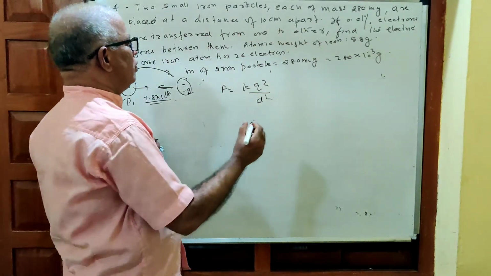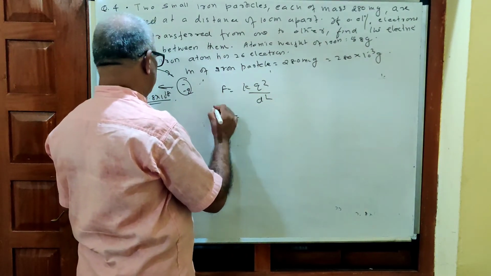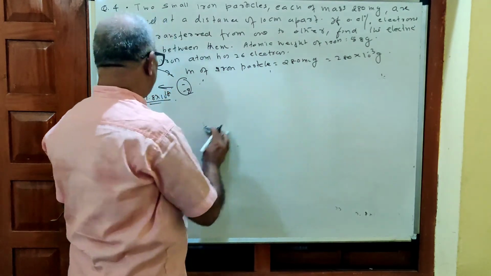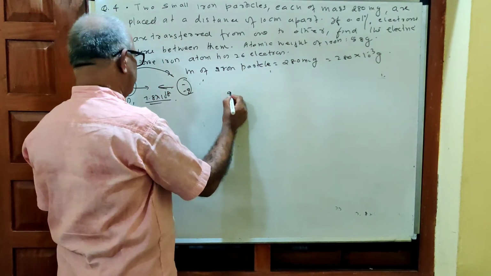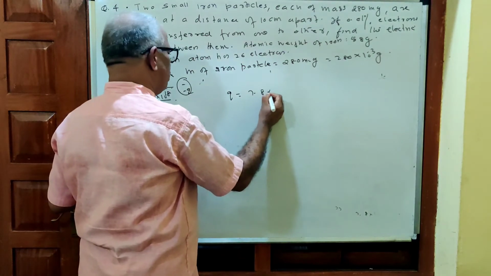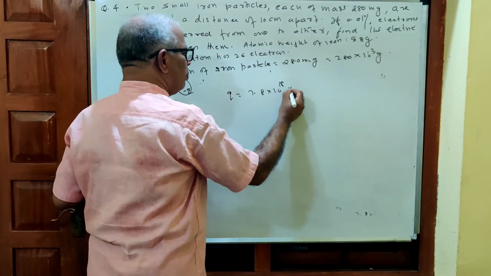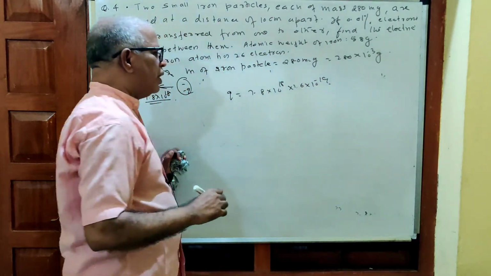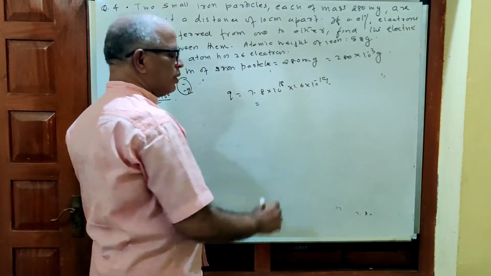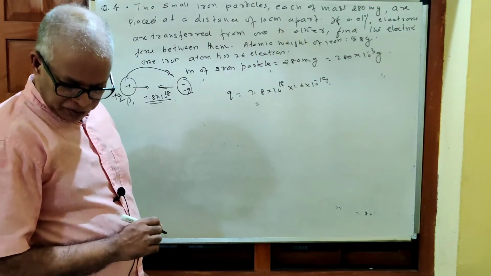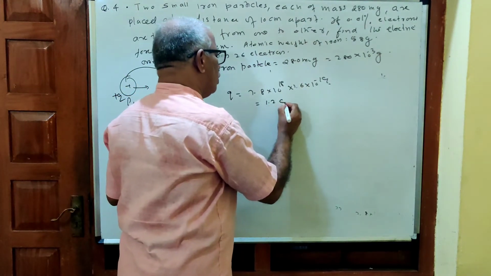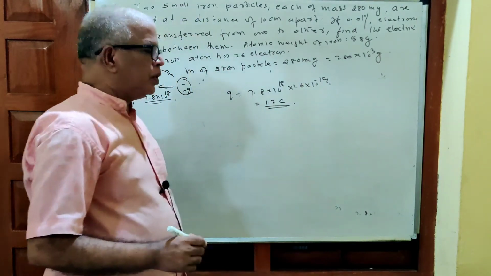So first you will find the charge. Therefore q is equal to 7.8 into 10 to the power 18 into 1.6 into 10 to the power minus 19. Find out this value. This value is 1.2 coulombs.